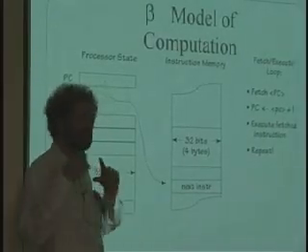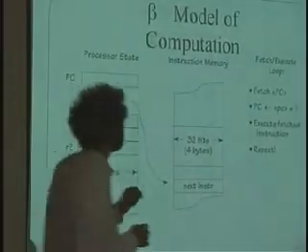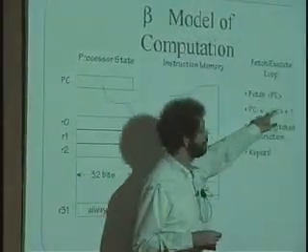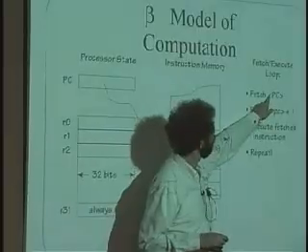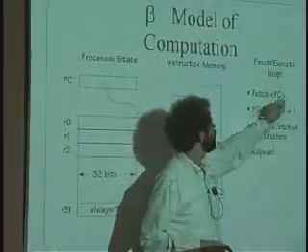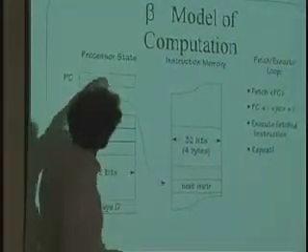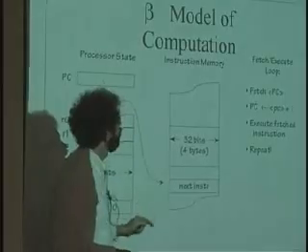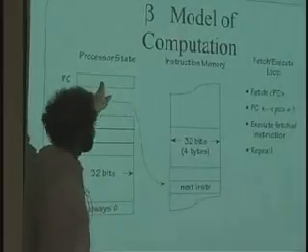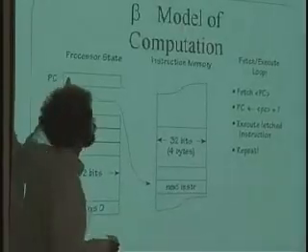And the loop of fetching an instruction and executing it works like this. Fetch, and I'm going to talk about this a little more in a second, the contents of, these little brackets are the contents of the program counter. So the PC is this thing. The contents of the PC is this pointer. Then take the contents of the program counter, increment it, and put the result back into the PC.